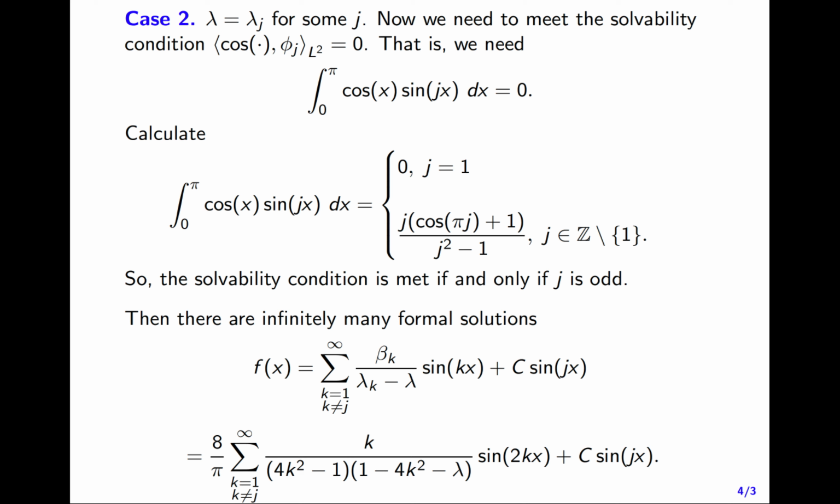And of course, we can go through and clean up the first sum as before. It'll be 8/π, sum k = 1 to infinity, k not equal to j, this whole product k/(4k² - 1) times 1/(1 - 4k² - λ) times sin(2kx) plus c sin(jx).